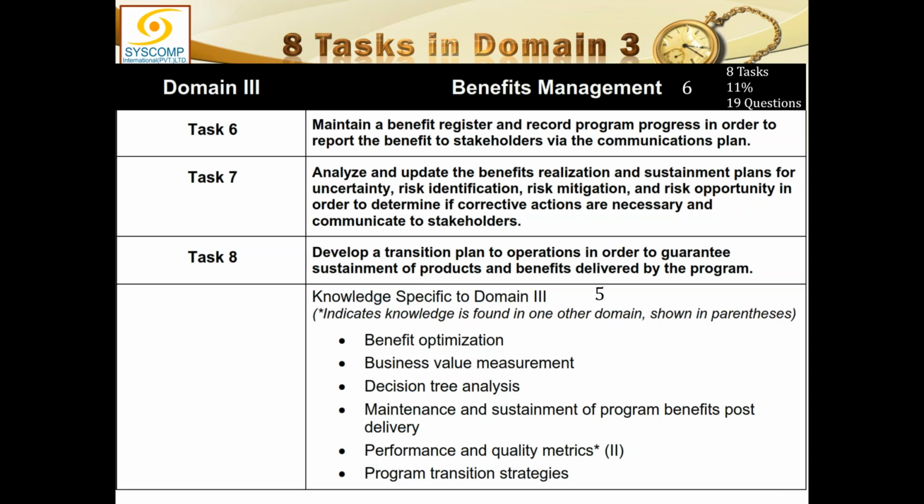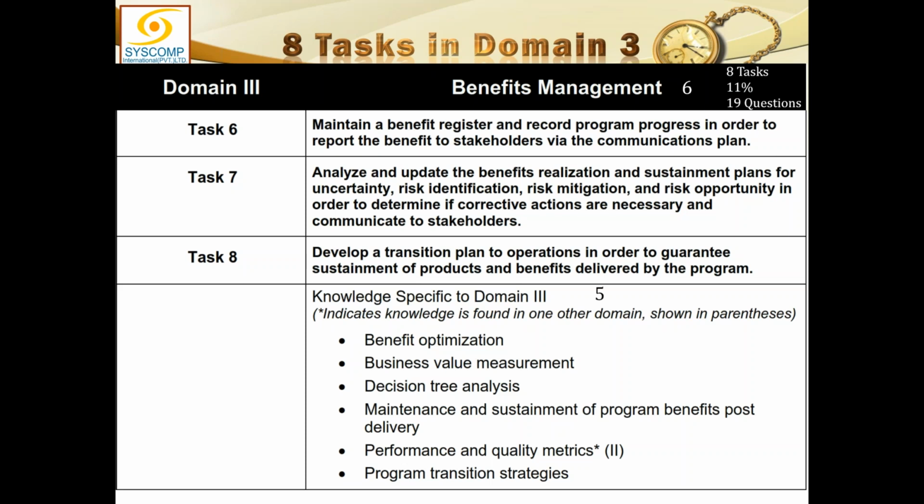So just imagine the benefit realization is until the program finishes, and any benefits which will be continued after the program has finished, that is through a sustainment plan. So your responsibility is till the benefit realization while the program is running, and while you are handing over, you must hand over a sustainment plan to the operations so they can continue taking advantage of those benefits.